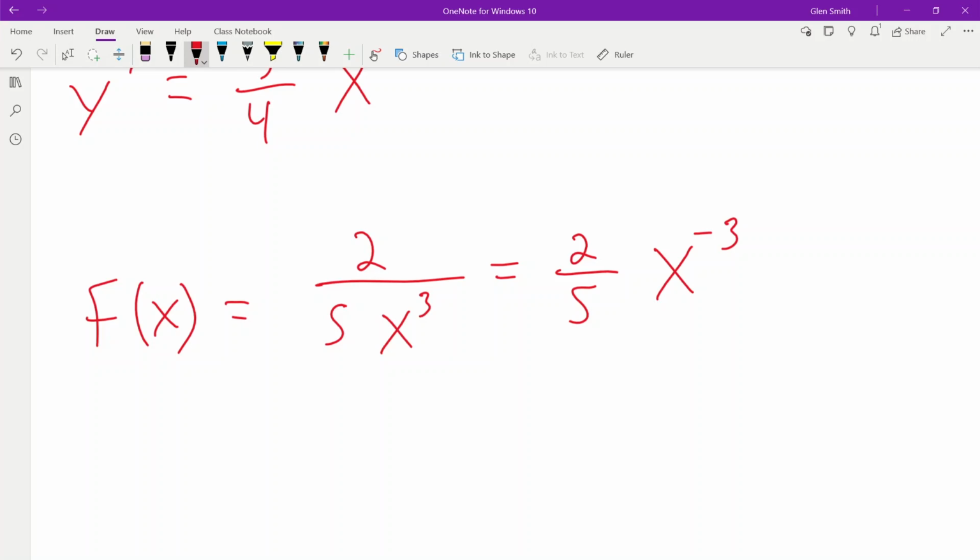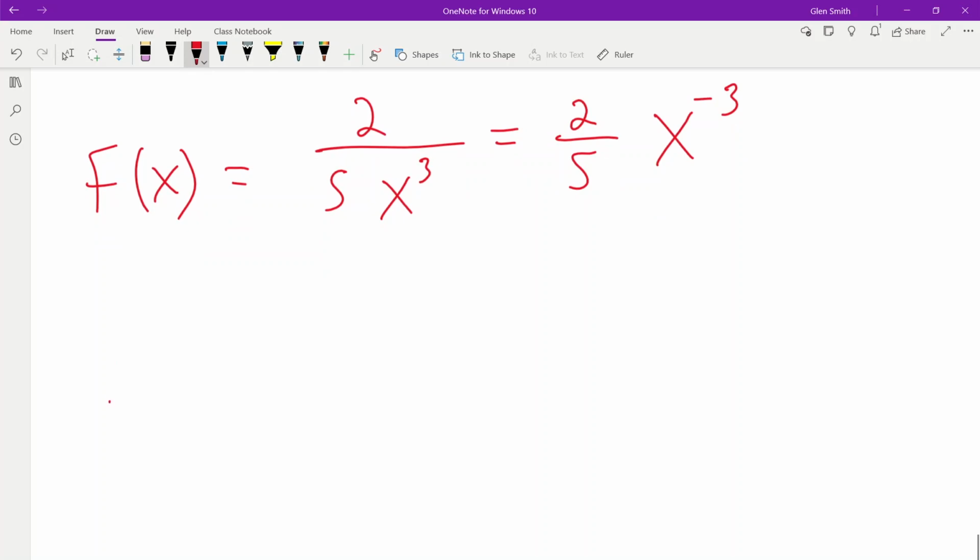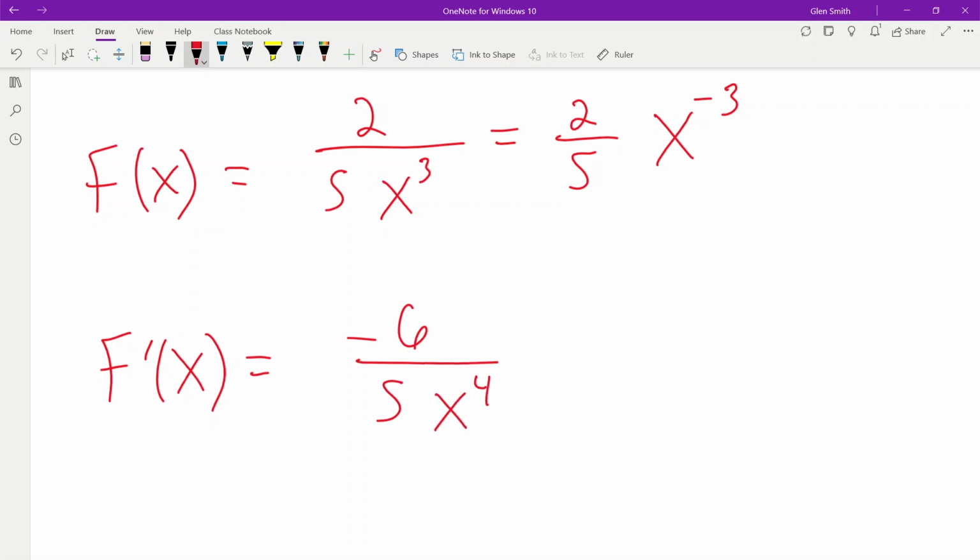Okay? That's not the derivative, that's what that is. But that allows us to use the power rule, our dear friend, the power rule. And that becomes negative 6/5 x to the negative 4th, which is that. How nice is that? Just multiply the coefficient by the exponent, okay?